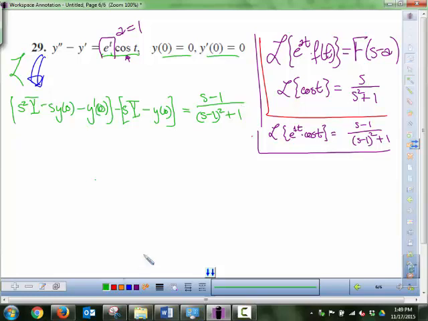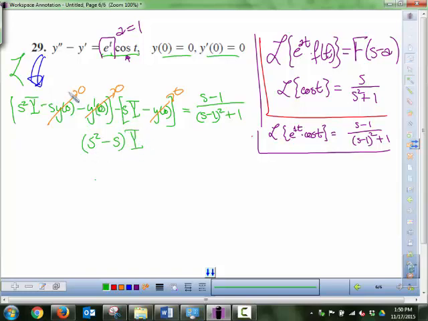So that's the first step. We transform it. Now we're in the S world. We're just doing algebra after we put in these values, zeros. That's nice. So what do we have left to do in our algebra? We have s squared minus s out of the Y's.